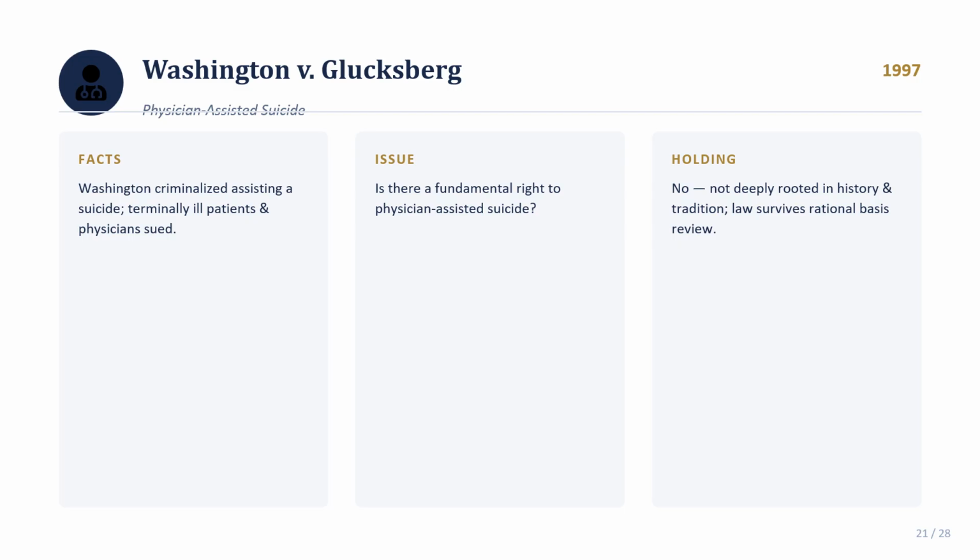And the court held no. It said that such a right is not deeply rooted in this nation's history and tradition, and that Washington's law survives under rational basis review, a far more deferential standard than the heightened scrutiny that would apply if the court had recognized a fundamental right.